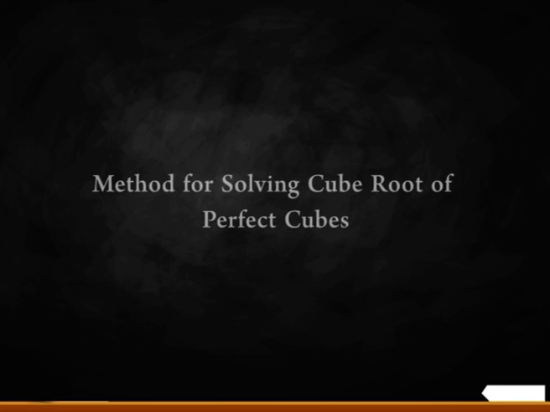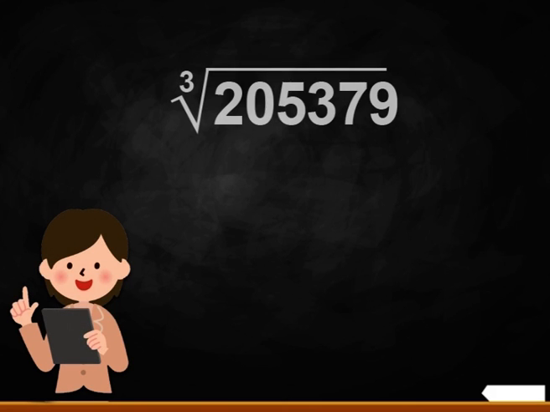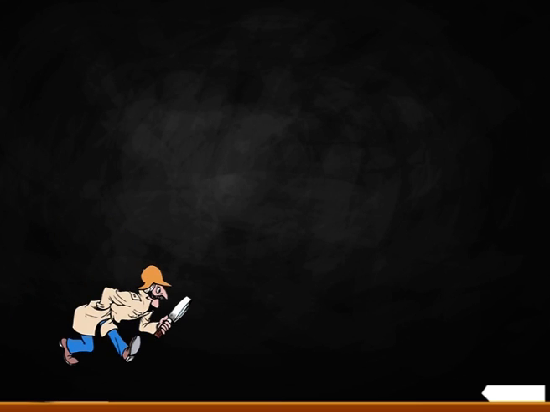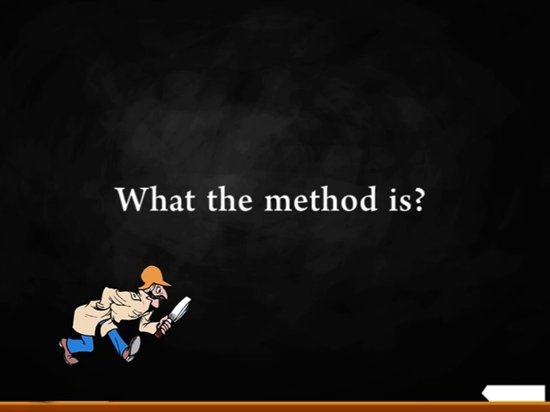Let us move further to discuss the method for solving cube roots of perfect cubes. And by the end of this lesson, you will be able to calculate the cube roots of bigger numbers in 2 to 3 seconds. Let us find out what the method is.